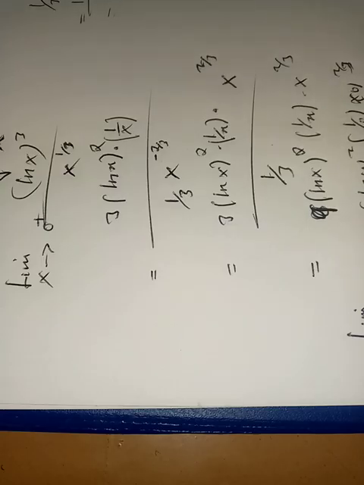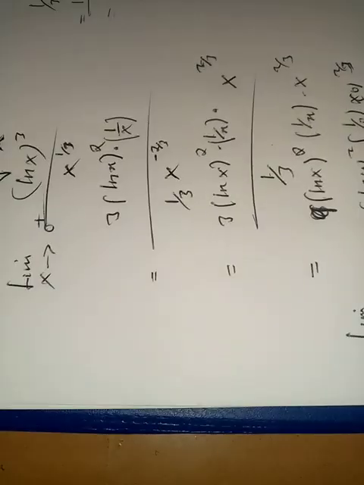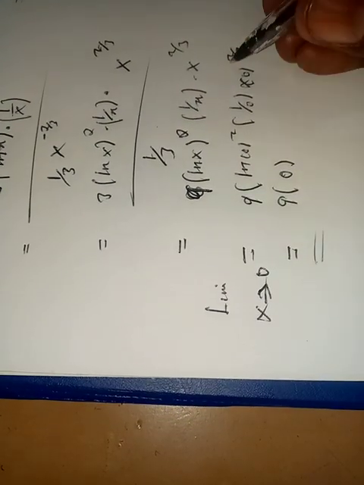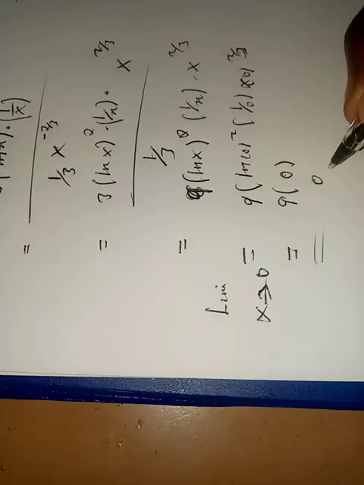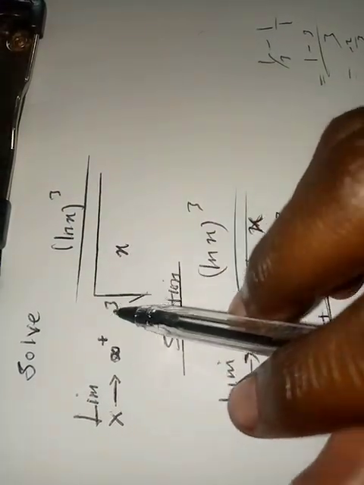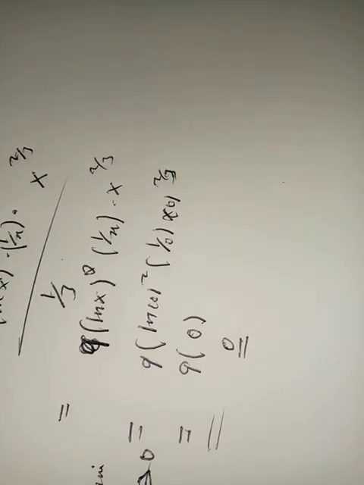So you have a 9, and then ln of 0, as we know using the calculator, is a math error, which is the same as just 0. All of them will continue being zeros. So in short, 9 times 0 simply means we're going to have a 0. If your final answer ends with a 0, it means such a limit does not exist. Thank you for your attention, and see you in the next video.